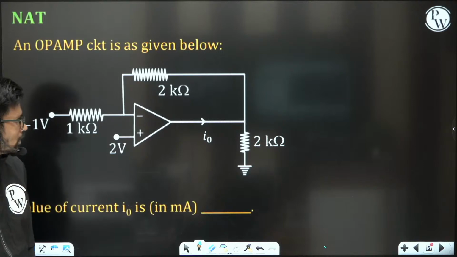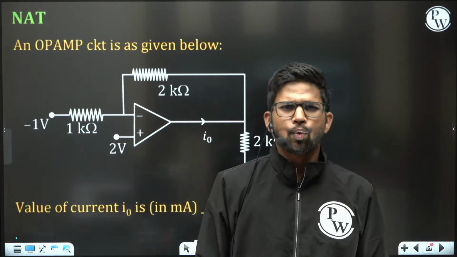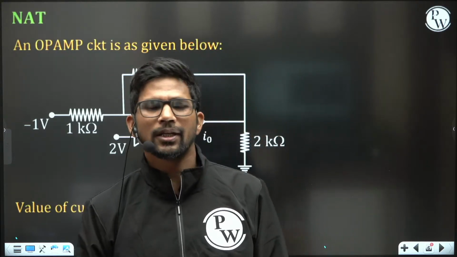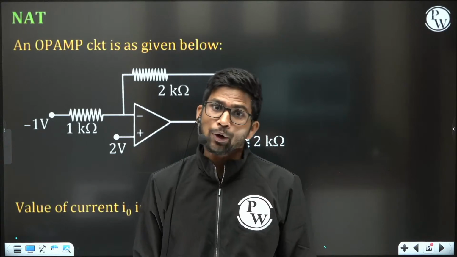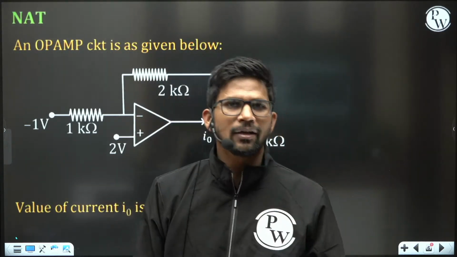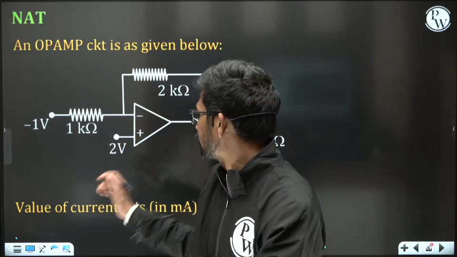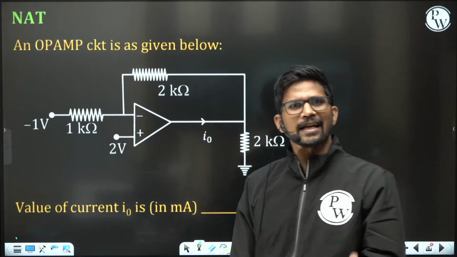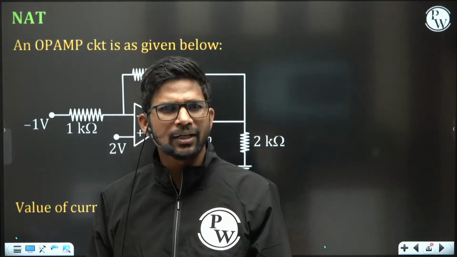Okay. So always first identify whether negative feedback is dominating or not. If negative feedback is dominating and open loop gain is infinity, then virtual ground concept is applicable. Then try to find out the value of the node terminal voltage V plus. If it is directly mentioned, then you need not find it out.